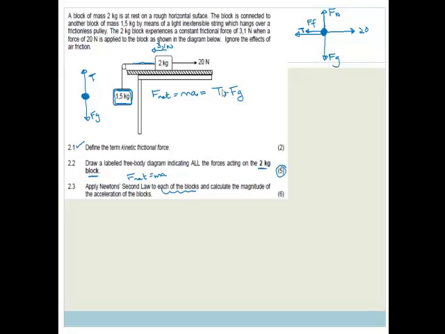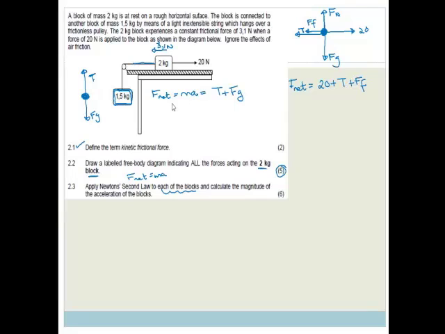Remember, I'm not allocating directions yet. For this block, the F net equation is F net equals 20 plus T plus the force of friction. Again, I'm not allocating direction yet. I'm just giving you an idea that we need to use these 3 forces to work out the net acceleration, and I need to use these 2 forces to work out my net acceleration here. But these net accelerations are the same. The net forces are different, but the accelerations are the same.